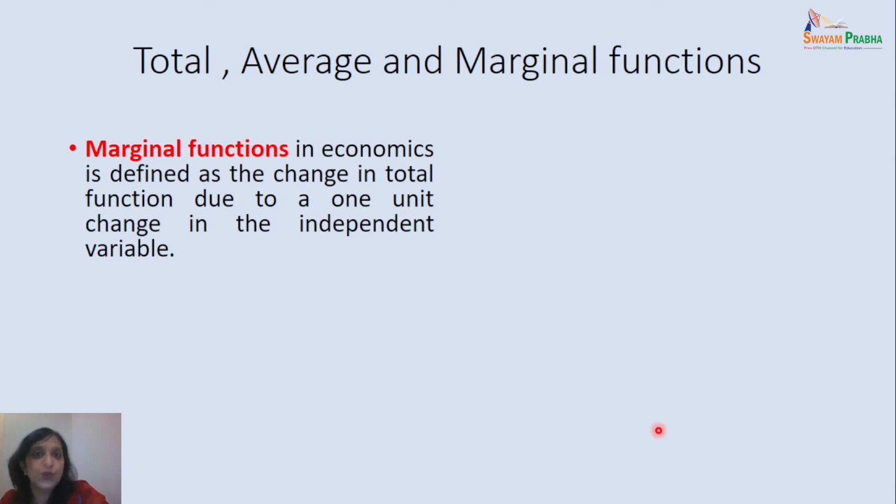Marginal functions. What are marginal functions? We say marginal function in economics is defined as the change in the total function which has taken place because one unit change in the independent variable has taken place. I will again repeat.